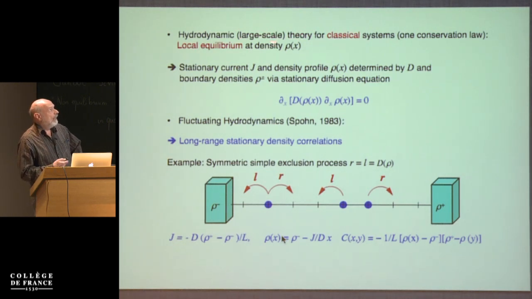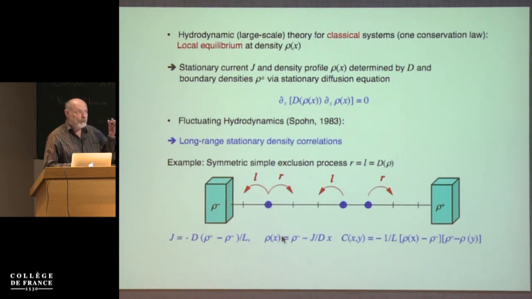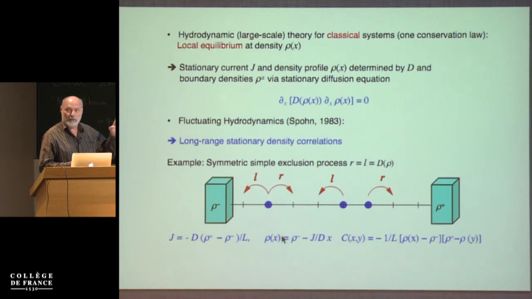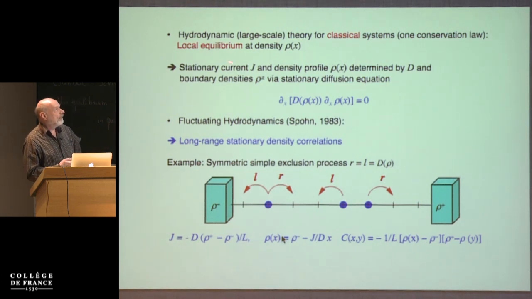So basically what you have is that locally you still have a local equilibrium, as if it was globally close to equilibrium, but even when it's far from equilibrium globally, locally we still have an equilibrium situation at some density rho of x. And then the stationary current that flows and the density profile are determined by the diffusion coefficient, which can be a function of the density, and these boundary densities via the stationary diffusion equation, which we also have just seen on the blackboard.